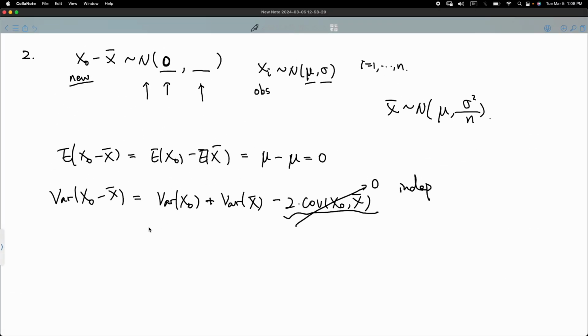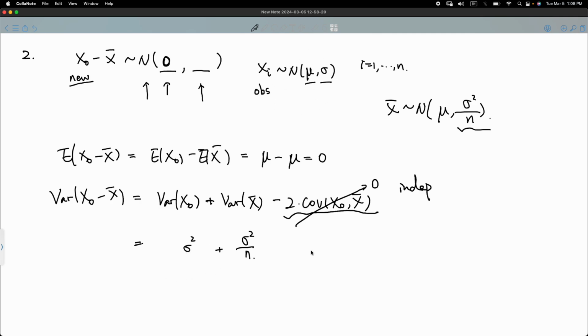Okay, so next we just need to calculate the variance of x0 and the variance of x bar. From here, we already know that the variance of x bar is just sigma square over n. And the variance of x0 should be sigma square, since the new prediction or the new data point, although it's unknown, is also coming from this distribution here.